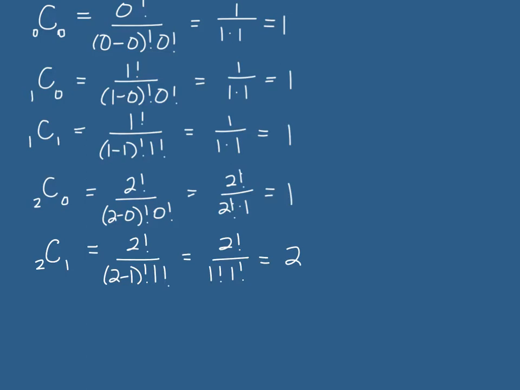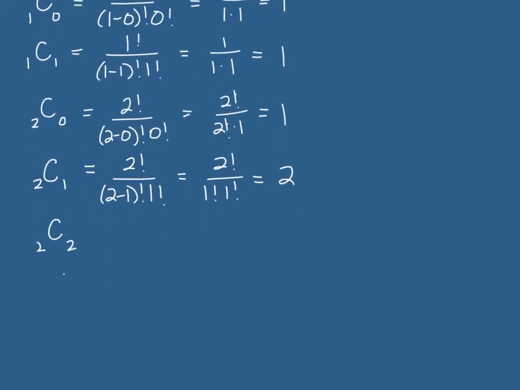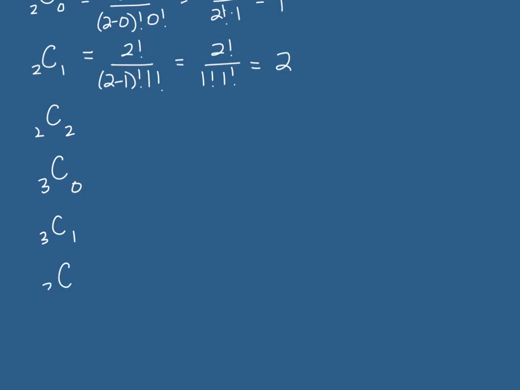Now, there was a French mathematician named Blaise Pascal, and he was really fascinated by this. And so he kept going, and he did 2, 2. And then he did all the 3s. Okay, well, what about 3, 0, and 3, 1, and 3, 2, and 3, 3?